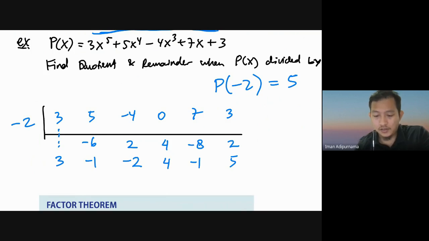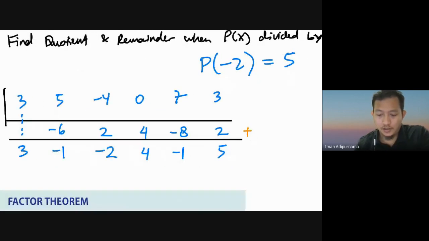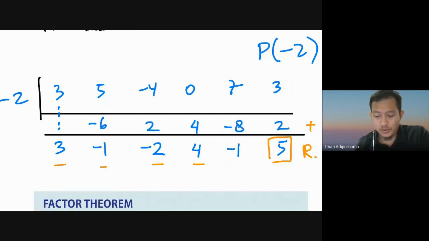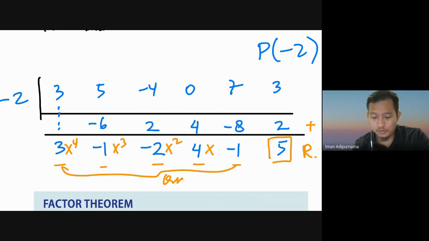Remember, this is synthetic division, and you need to add here, not subtract. Sometimes you mix it up with long division. So the last part here is the remainder, which is correct, the same. And this will be 1, 2, 3, 4, 5, so it should have x to the 4, x cubed, x squared, x. So this will be our quotient.